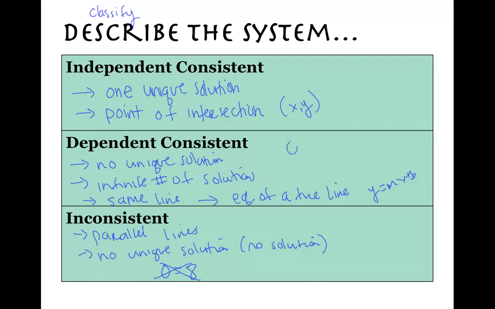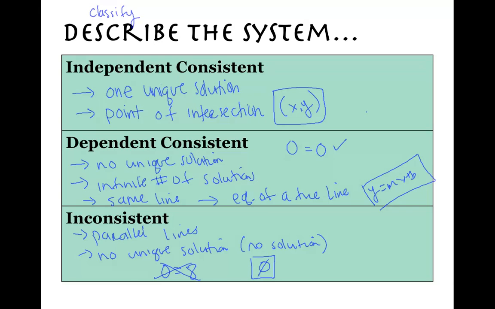Whereas here, you're going to get something like 0 equals 0, and you're like, that's true. So that's what this could look like. And for this one, you would say something like the empty set would be your solution. Right? There is no point or line of intersection.